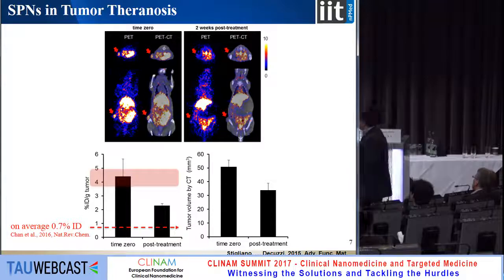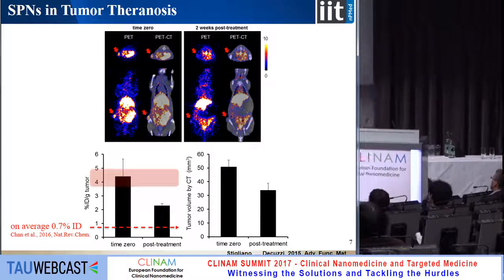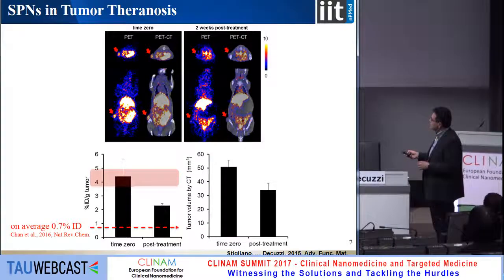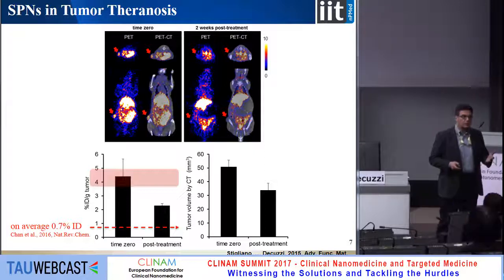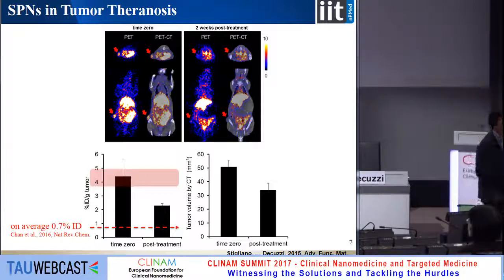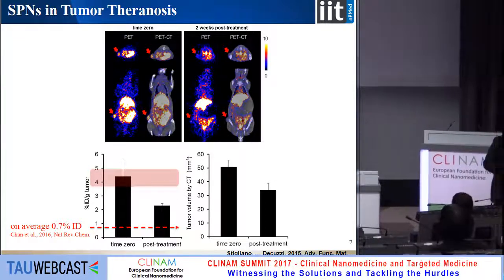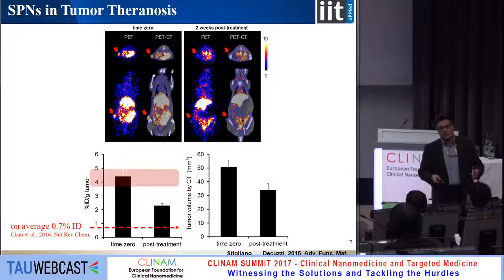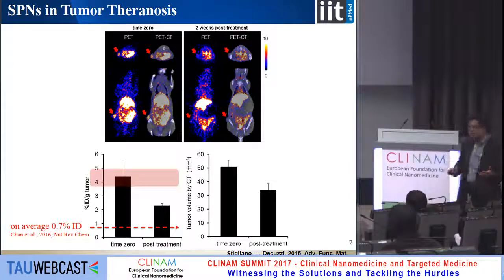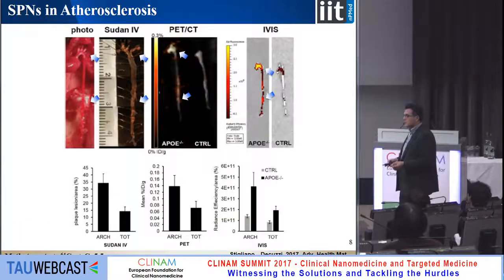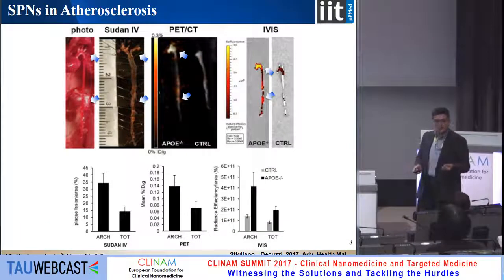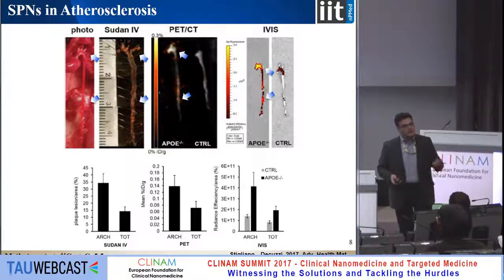Now, another thing that is very interesting is that when you quantify the accumulation of these particles in the tumor at the beginning and after treatment, the particles are still getting into the tumor. The accumulation doses are 4 or 5% of the injected dose. So these are somehow in line with what has been published, what has been shown also yesterday, but very low, in my opinion.